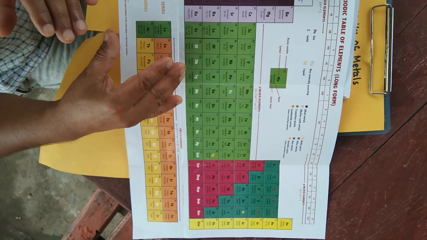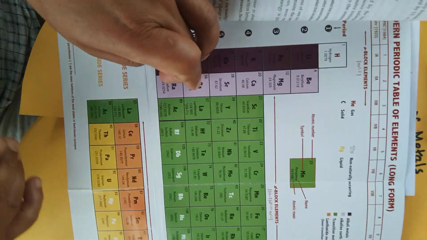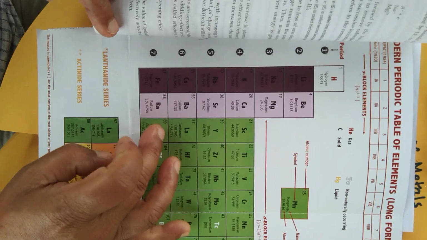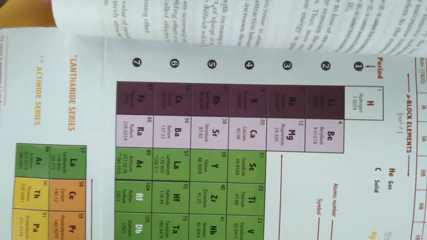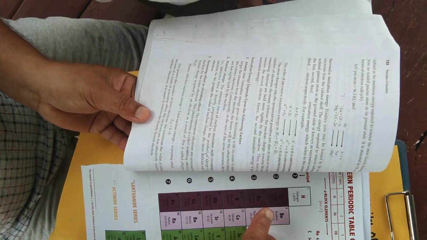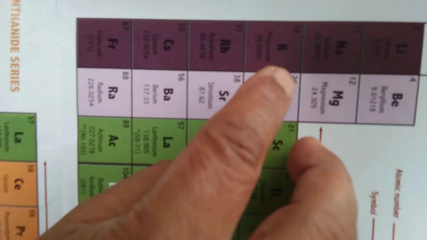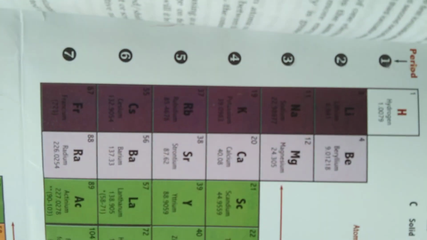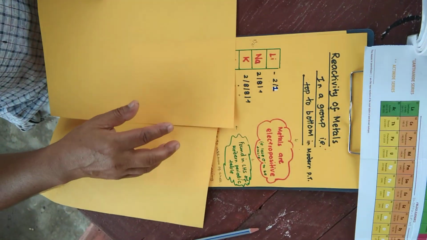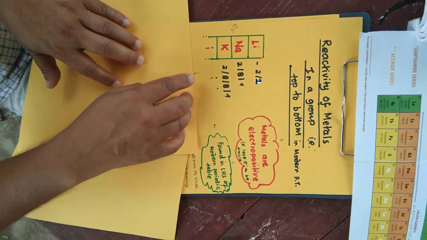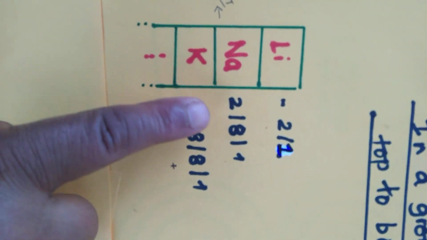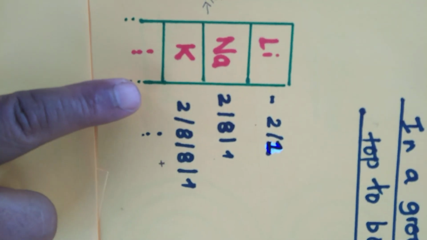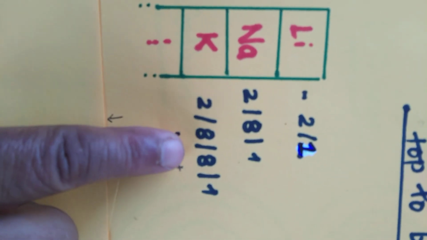So today I am going to describe the reactivity of these metals which are on the extreme left hand side. For example, you can take lithium, sodium and potassium, and I will show you their electronic configurations. Lithium is 2,1, sodium is 2,8,1 and potassium is 2,8,8,1.